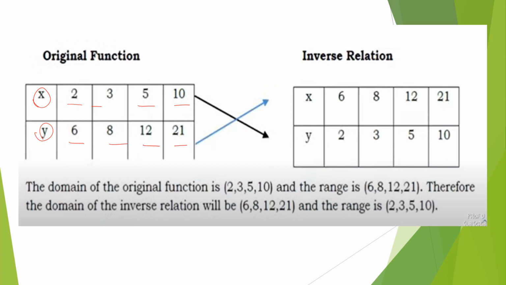And for the domain and range of the inverse, since we stated a while back that the domain of the original function will become the range of the inverse, therefore the range of the inverse is 2, 3, 5, and 10, and the domain is the range of the original function, which are 6, 8, 12, and 21. Okay? Just an example using the table of values.